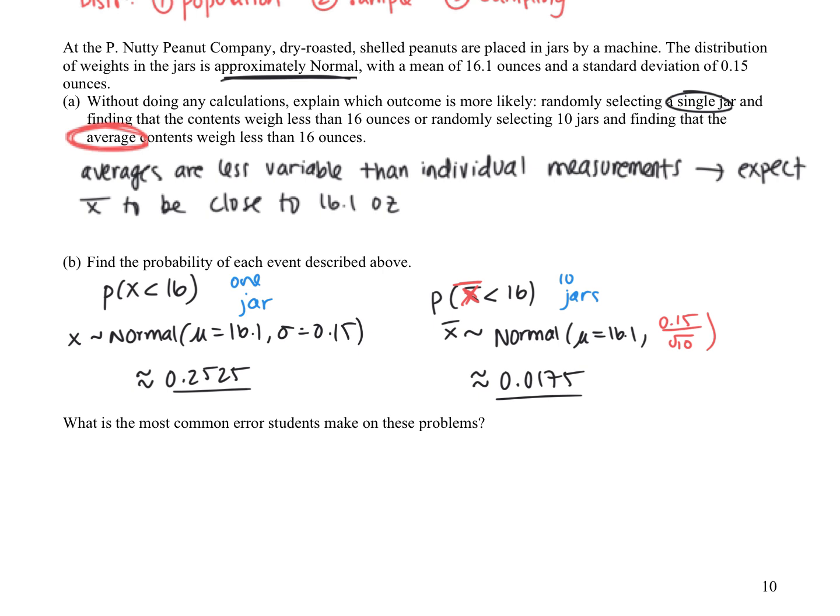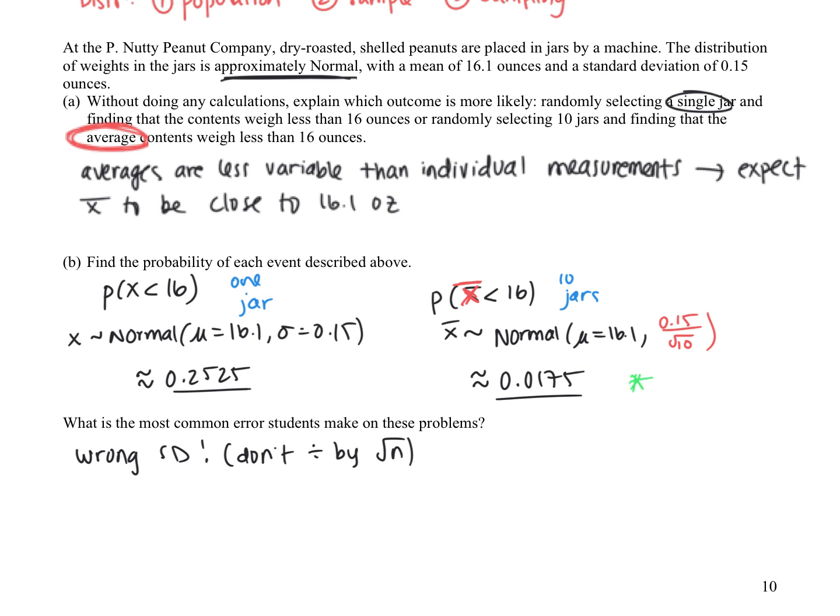Okay. Last thing before we take a break. The most common error is that students use the wrong standard deviation, and it's because they forget to divide by root n. And this I'm going to be very, very specific about.